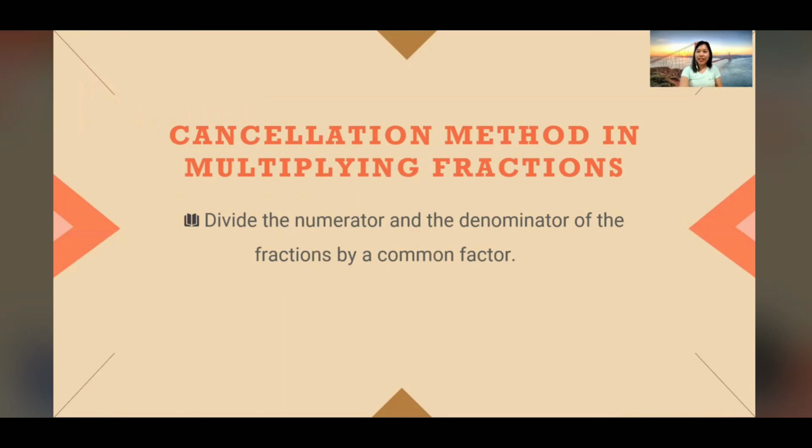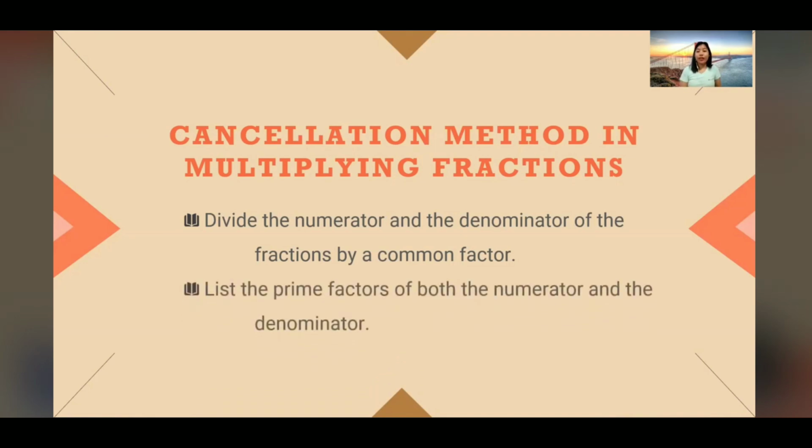And then after cancellation, we will multiply them. How about the second option? Amazing. If in first option, we look for the common factor, in our second option, we look for the prime factors of the numbers. And then we will just simply cancel the common numbers between the numerators and the denominators. Is everything clear?